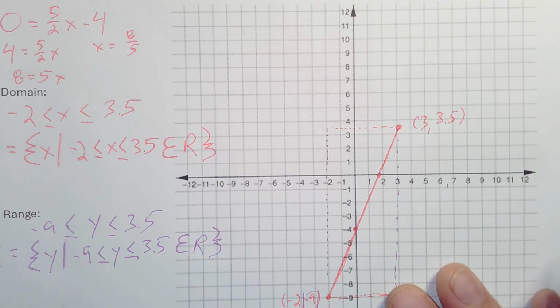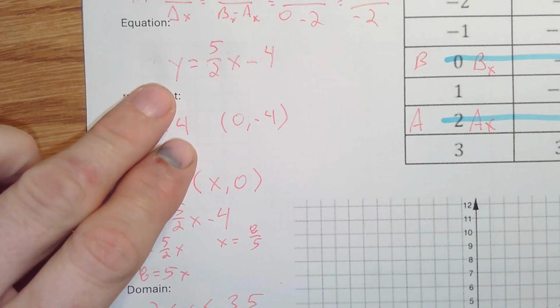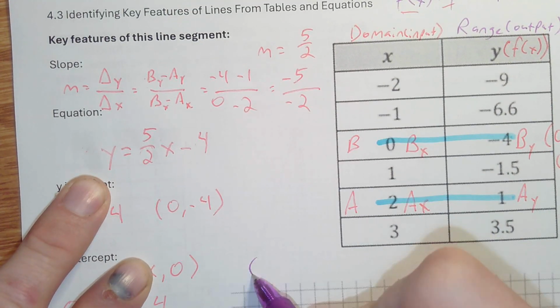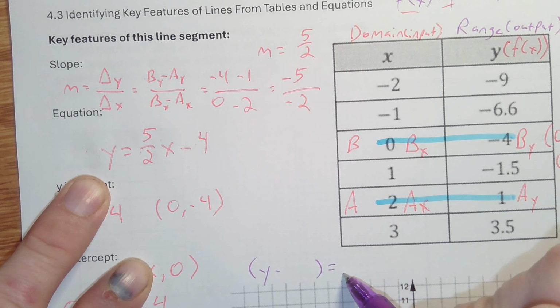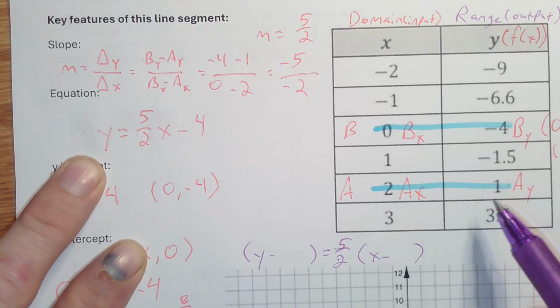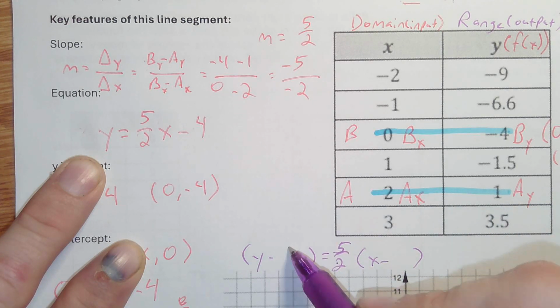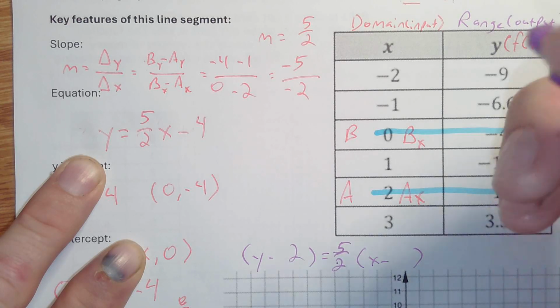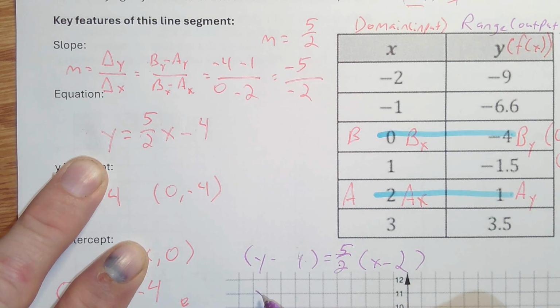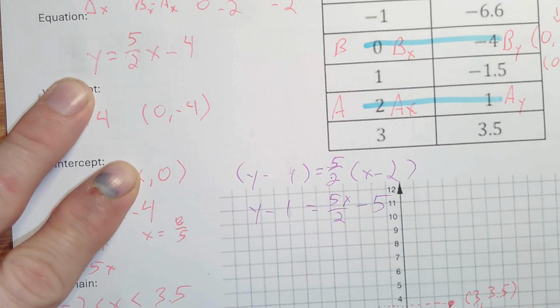Another way you could have figured out the equation for this, if you didn't recognize that this was the y-intercept, but you figured out the slope, you could have been like, oh, I got this y minus something equals my 5 halves times x minus something, and picked off two numbers like this was 2 and this was 1, and then you cleared the parentheses, and you multiplied 5 halves times x to get 5x over 2, and then the 2's canceled out, giving you 5, and now you just got to solve for y.